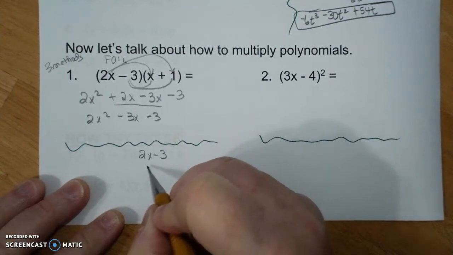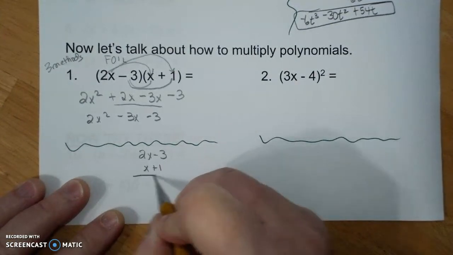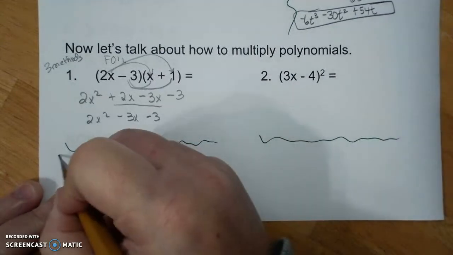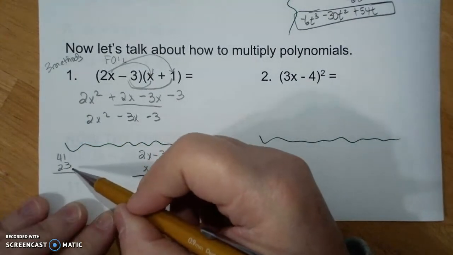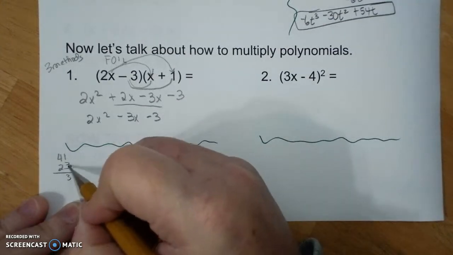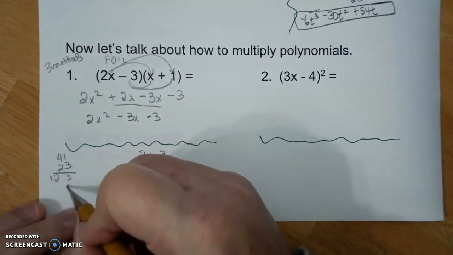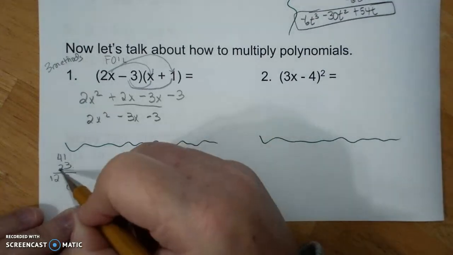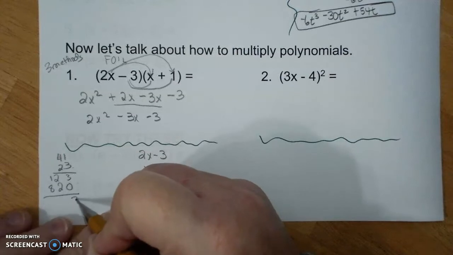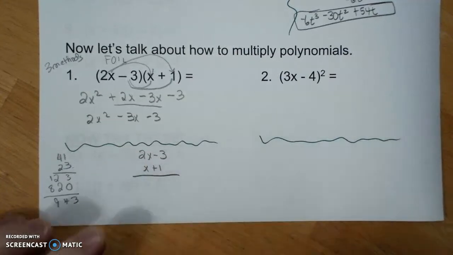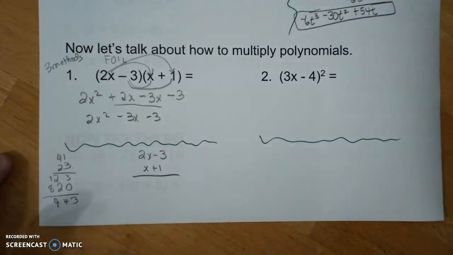2x minus 3 times x plus 1. Just like when you did 41 times 23, and you did 3 times 1 is 3, 3 times 4 is 12, placeholder 0, 2 times 1 is 2, 2 times 4 is 8, add them together, and that's how you do it. I use that algorithm.